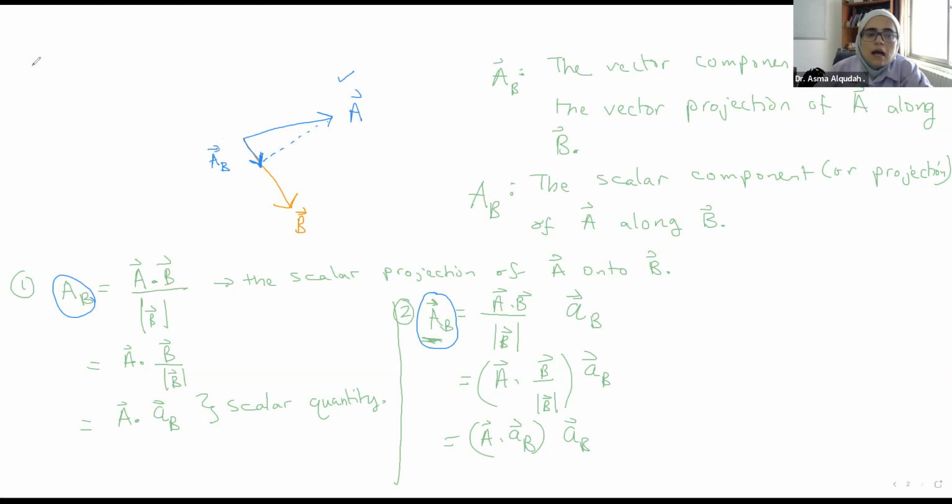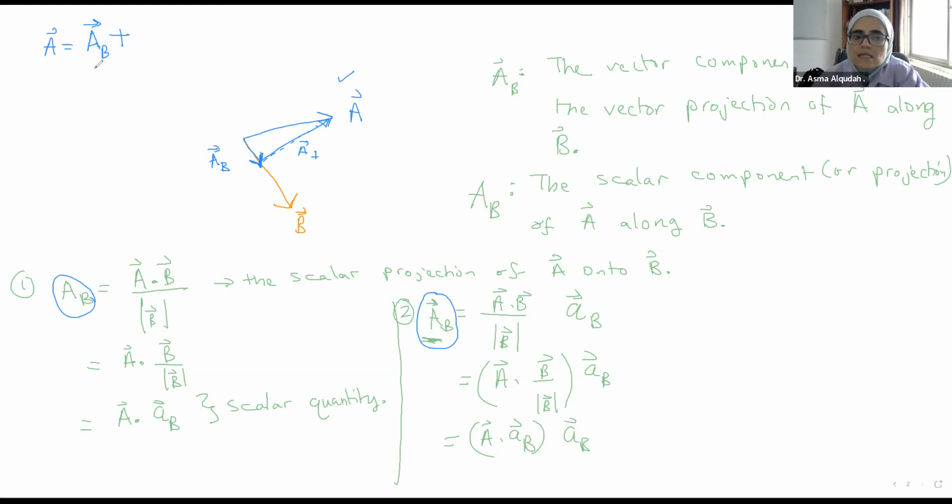Okay. Now the vector A could be written in terms of two components. The first component is its projection along any other vector, which is vector B, plus the other component which we call A perpendicular to B. So any vector A could be analyzed into two major components.